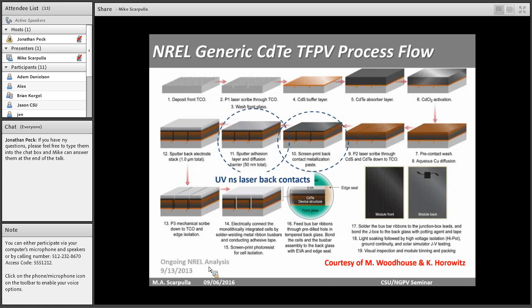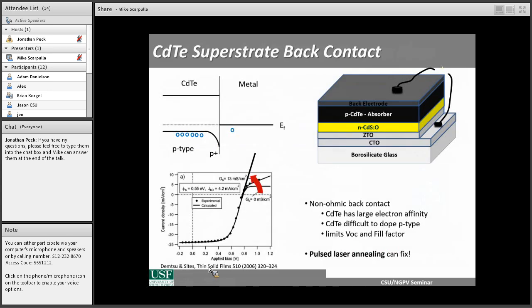We would be looking at inserting such a process in the CdTe fabrication process flow right there at about steps 10 and 11, where you're done making the absorber and you've already done the CdCl2 activation, and then just before putting the final layers on the back contact. So it'd be a processing step before the final back metallization.